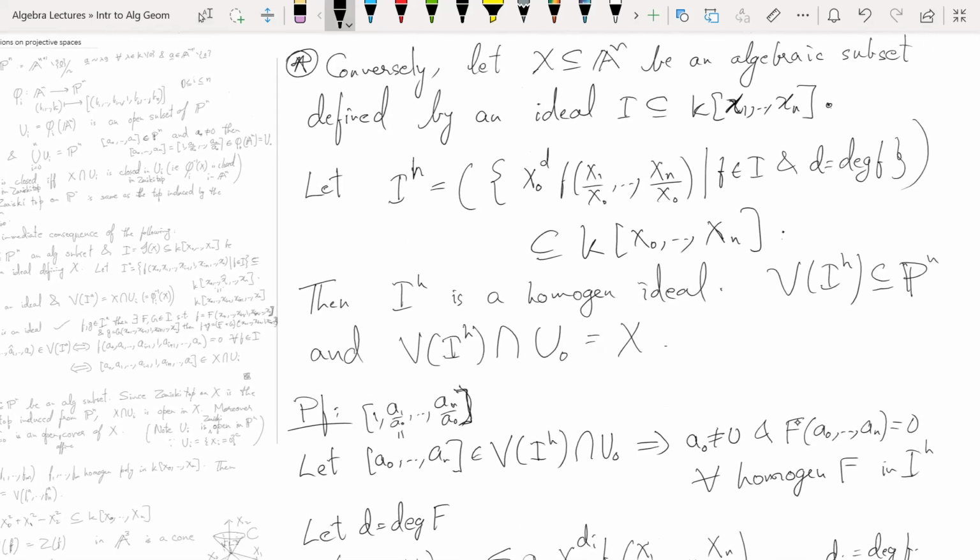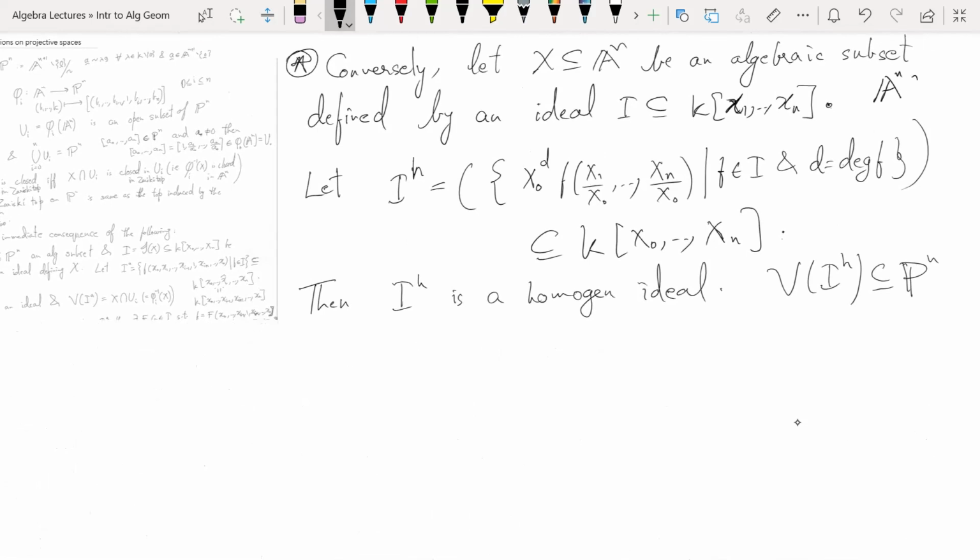Then An you can think of as sitting in Pn in many ways. One of the ways is to think of An as U0, an open subset of Pn given by the homogeneous coordinate x0 being non-zero.